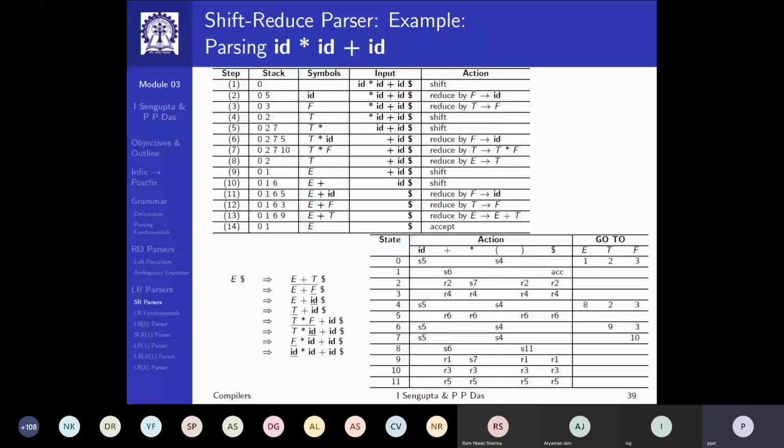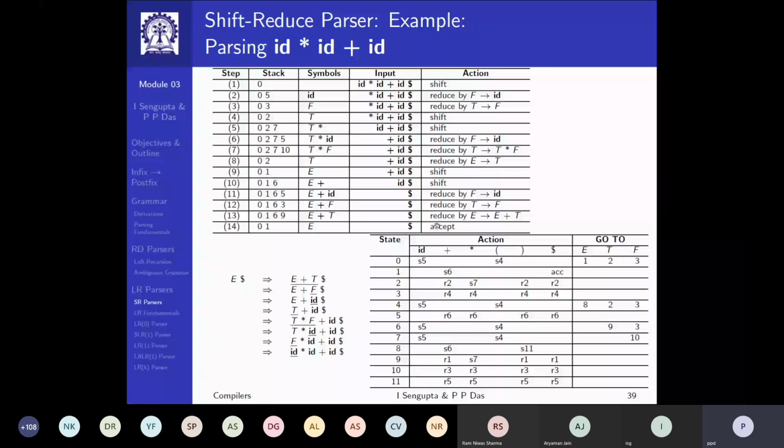And that is the current state. That's the meaning. And the right column is the action. And we know there are 4 possible actions: shift, reduce, accept, and reject. Since this example is for a correct input, we will not have the reject action.